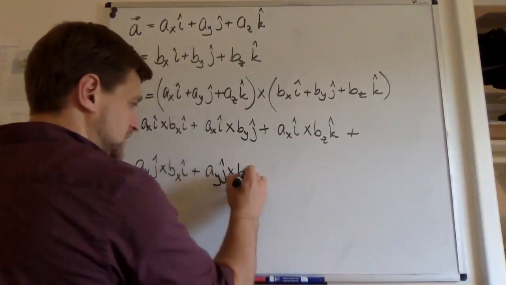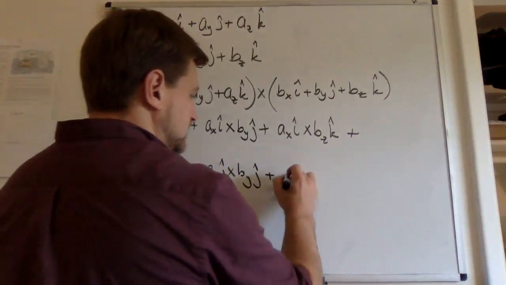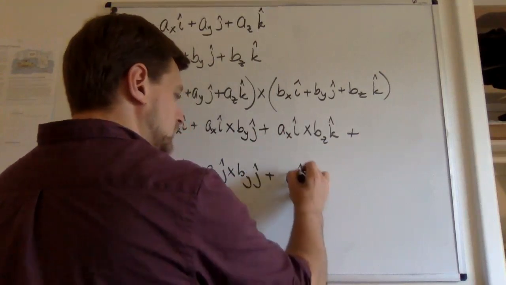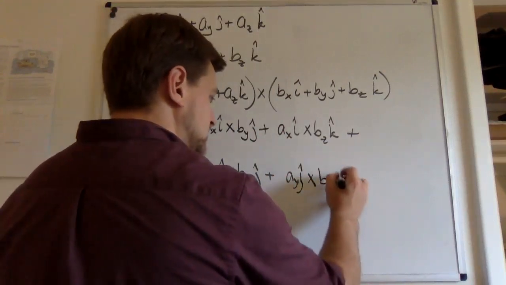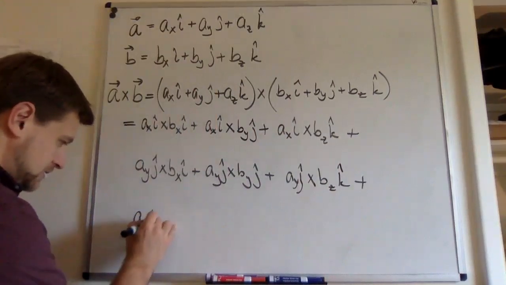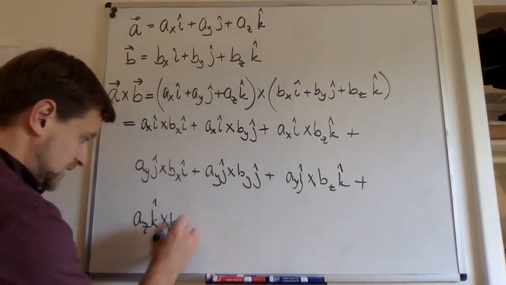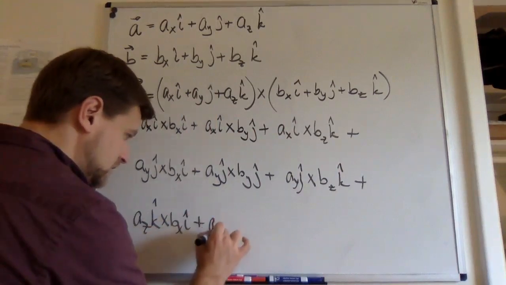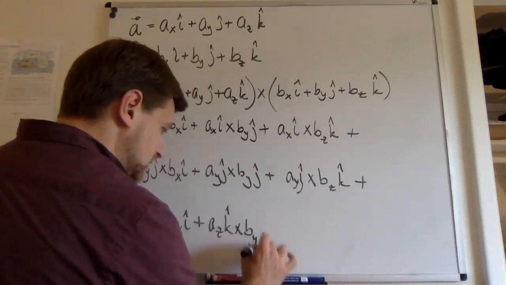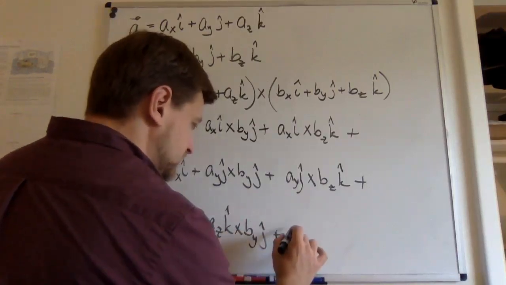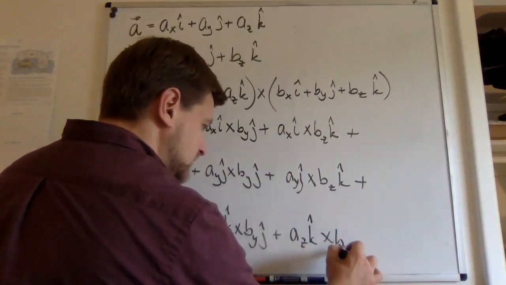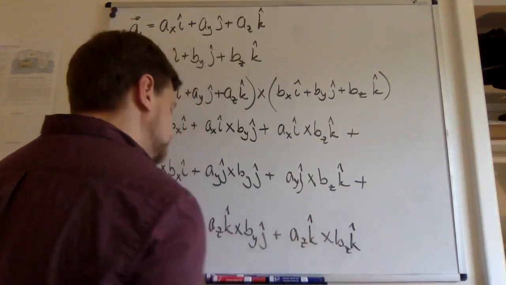AYJ cross BYJ plus AYJ cross BZK plus, next line, AZK cross BXI plus AZK cross BYJ plus AZK cross BZK.